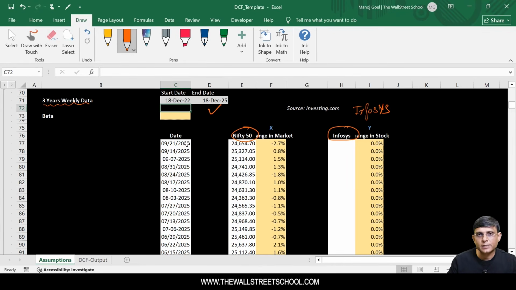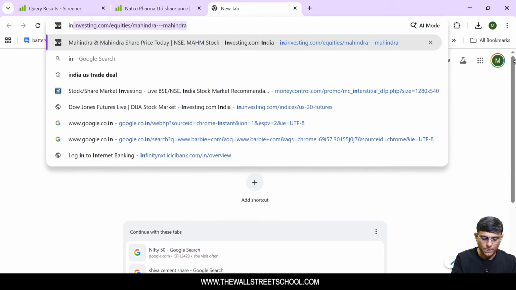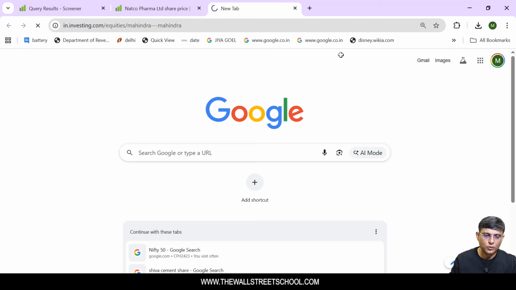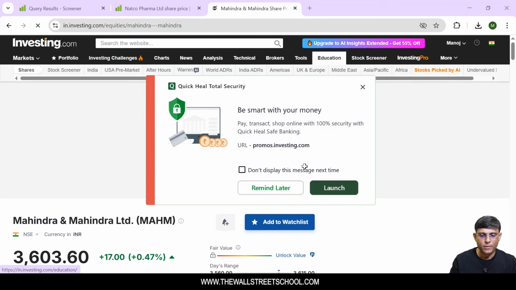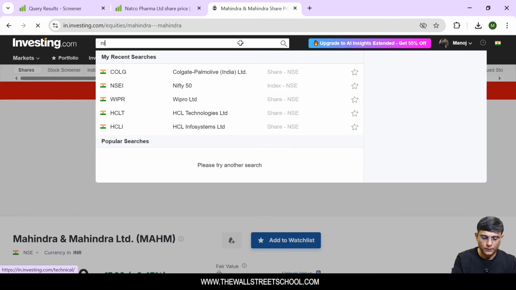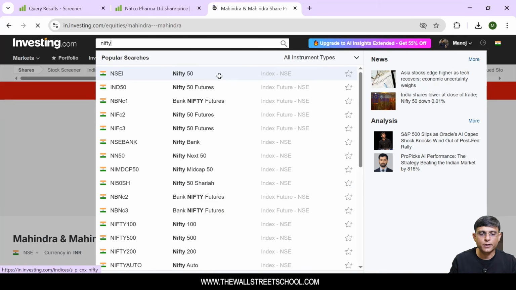Now, we first need to source this data, right? To source this data, I can use this portal, investing. I can go to investing.com. And then, guys, here I'll first search Nifty 50. That's the index, my index with respect to which I need to calculate beta.